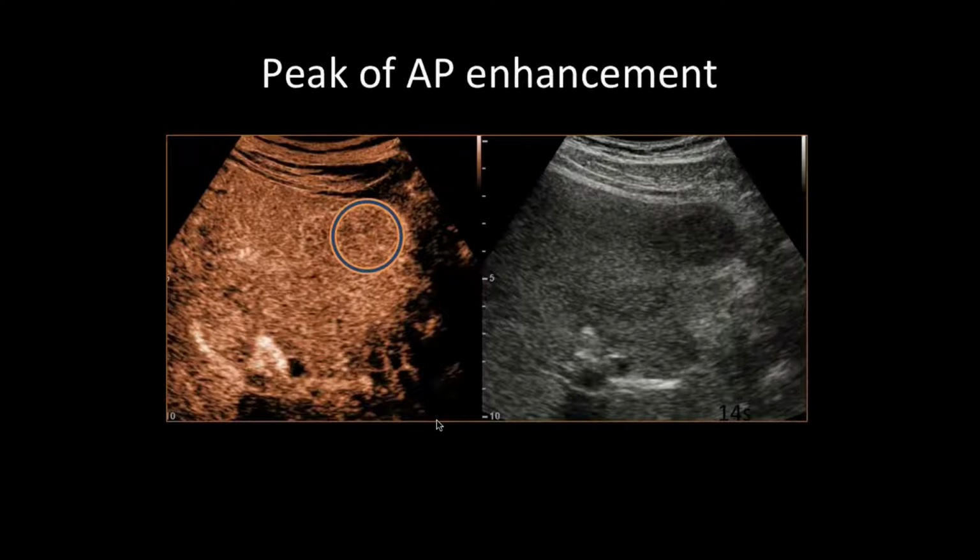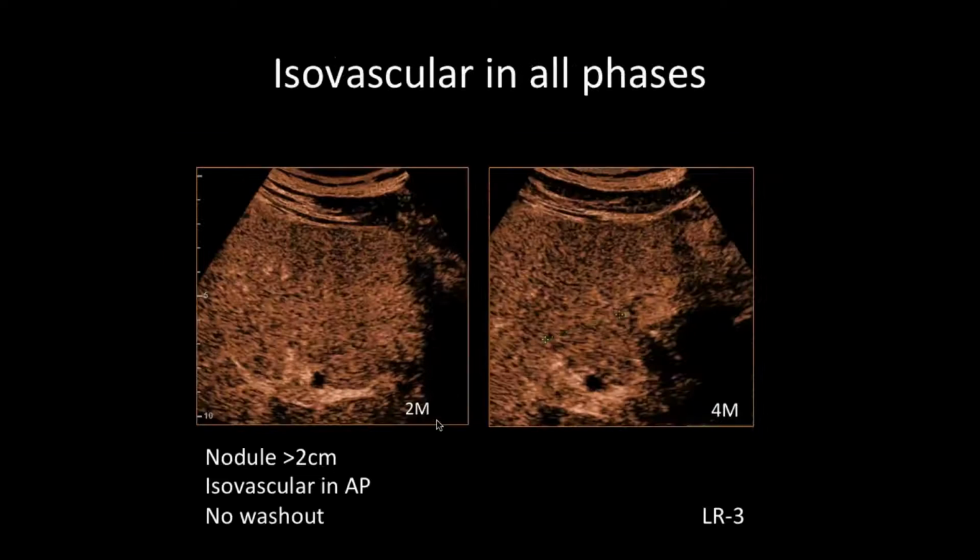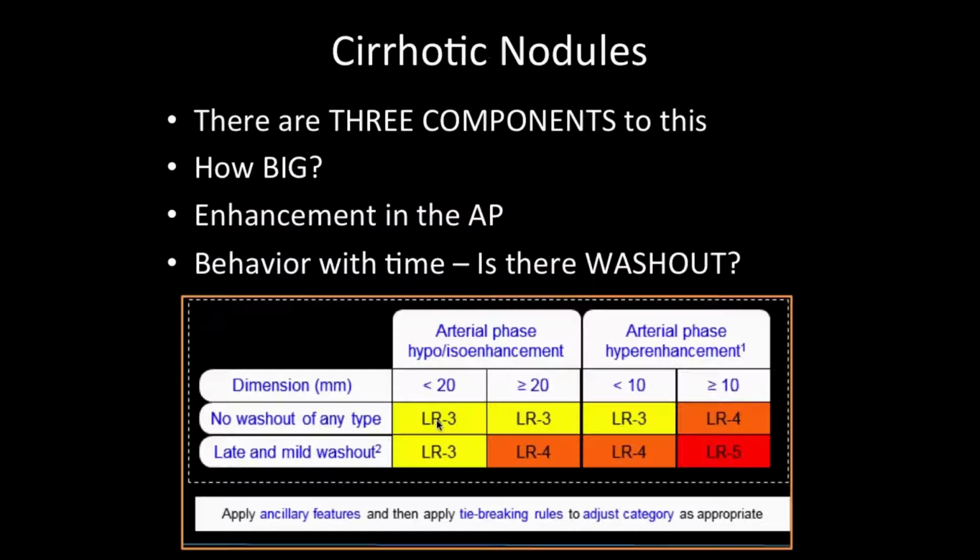If we look at where our nodule is, we can see that there is no variation in the enhancement. Then we look again with our sweeps in the portal venous and late phase, and we can see on these images as well, although there is some decline which is related to bubble destruction, that we do not have any variation. So this is an isovascular nodule measuring 2 centimeters, and so this nodule is an LR3 lesion.